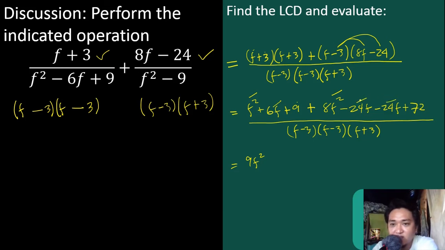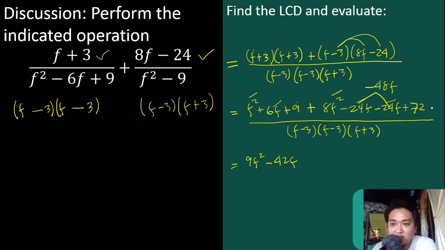So this two here is negative 48f. And then negative 48 plus 6f, that will be negative 42f. Okay, so we were able to combine this and this.